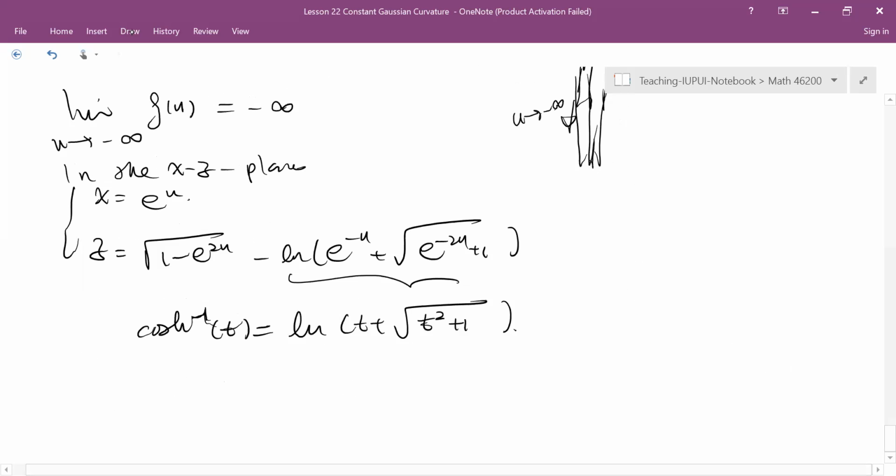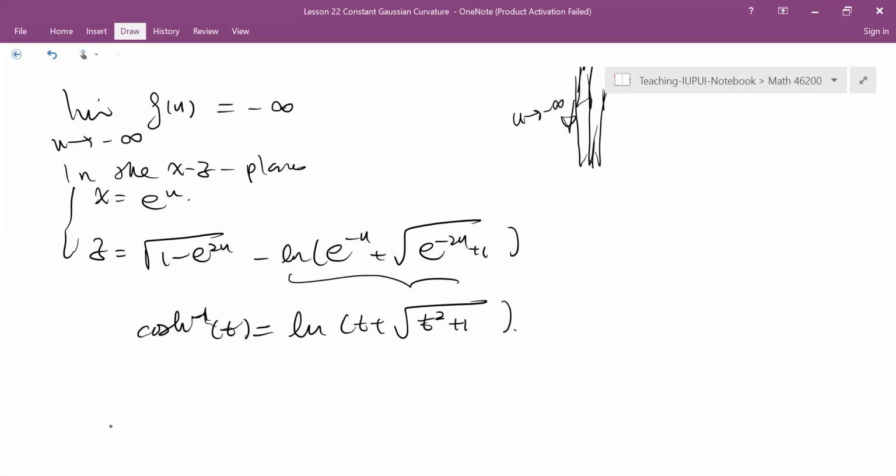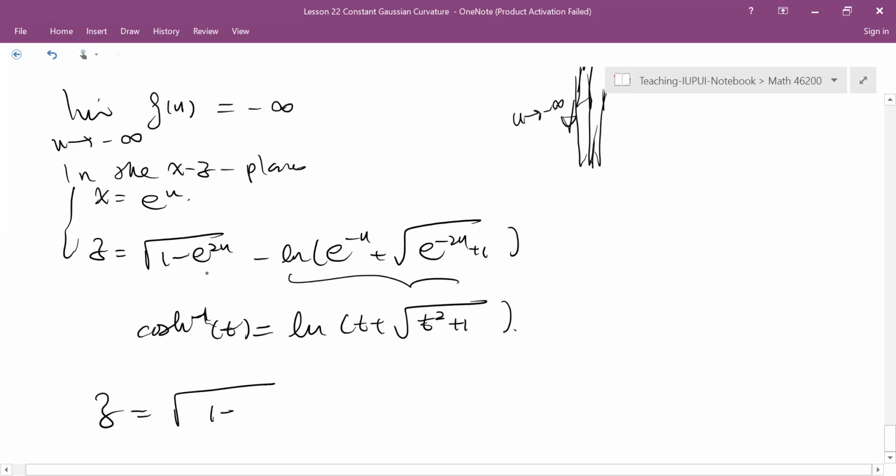We're going to simplify the notation. So z is going to be square root of 1 minus x squared, where e to the 2u is x squared, minus natural log of, this is inverse hyperbolic cosine, right? Okay, so this is just a function of x.